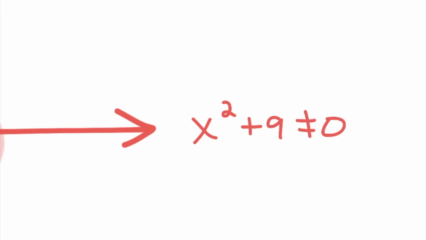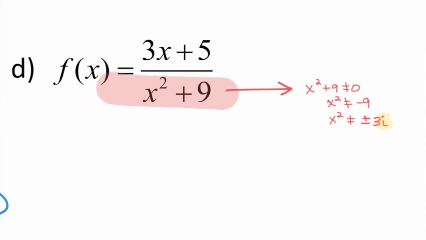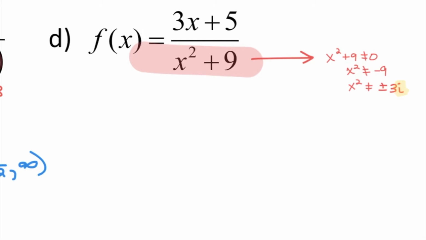Now, this last one is a little tricky, so let's take a look at this off to the side. x squared plus 9 can't equal 0. That means that x squared cannot equal negative 9, which means that x cannot equal plus or minus 3i. But wait, the i tells you that that's an imaginary solution. So there's no real number that would make x squared plus 9 equal to 0.